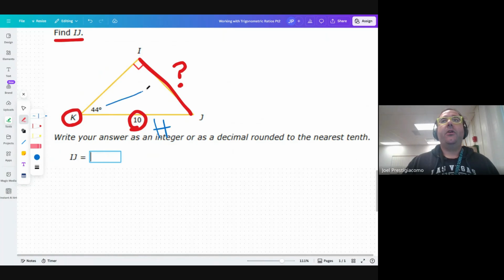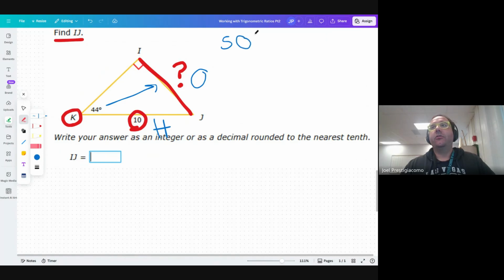So the question mark, the unknown side, we would call this the opposite side of our angle. So what we need to figure out is which trig function are we going to use? And so we have to think back to our little mnemonic device here, which was SOHCAHTOA.